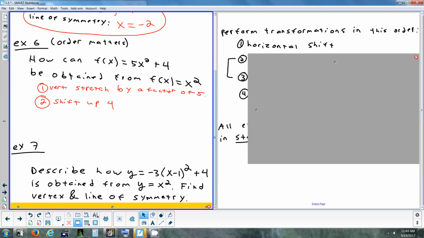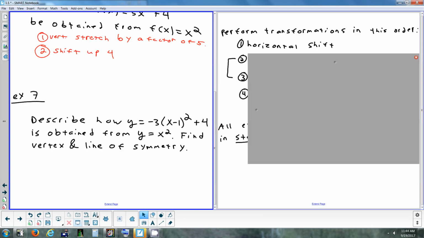You might not have every one of these in every problem. But is there any horizontal shifting in example 7? Yeah. Which way are we shifting? To the right one. So shift right 1.